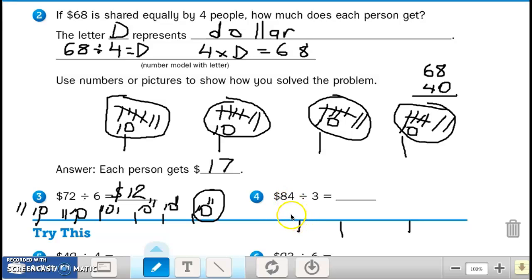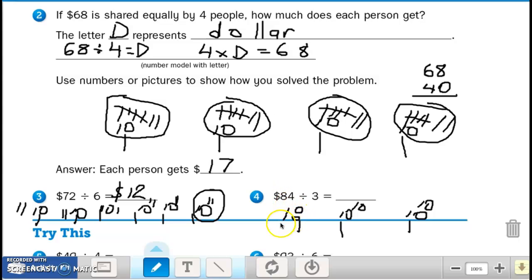I think each person could get $10, 10, 20, 30, 40, 50, 60. Look at that. They each get at least 60.